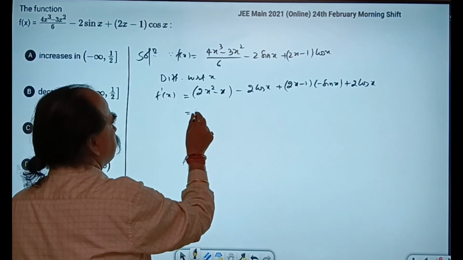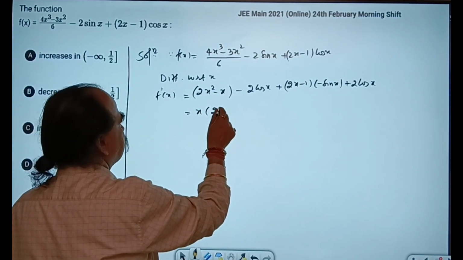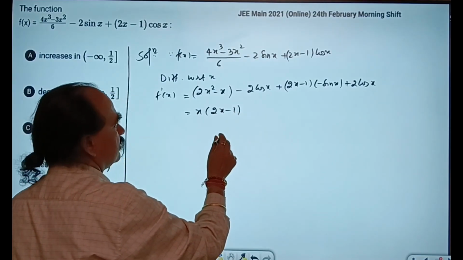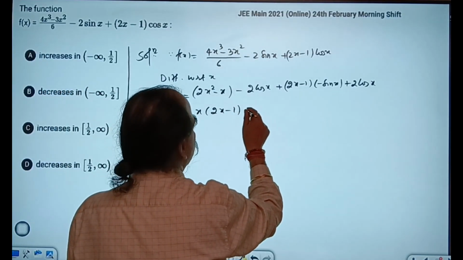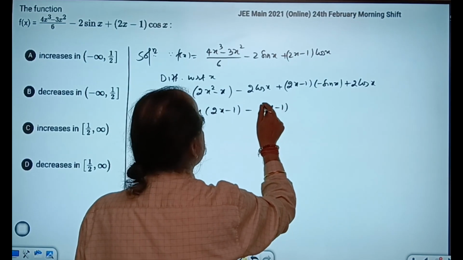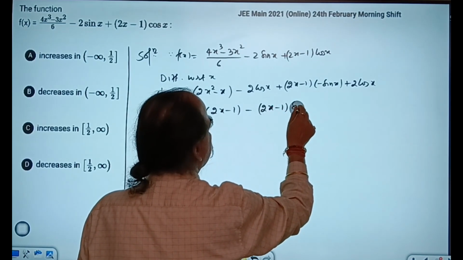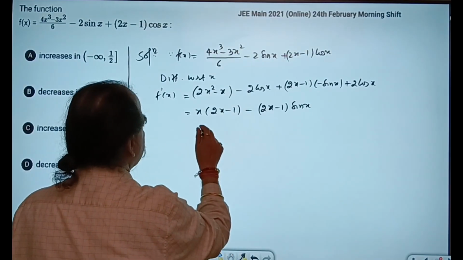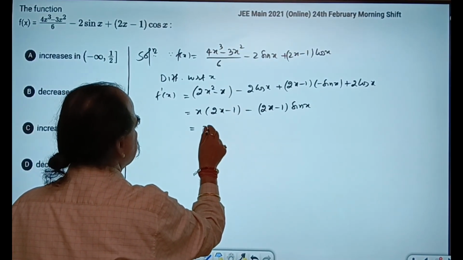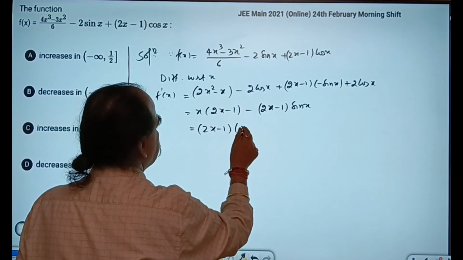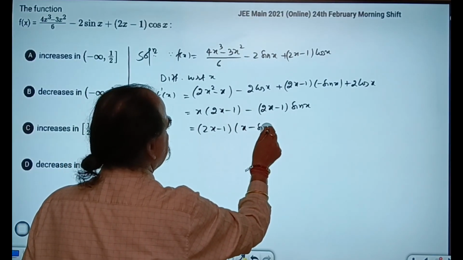Take x common. In bracket you will get 2x minus 1 minus 2x minus 1 into sin x. Now we can take 2x minus 1 common into x minus sin x.